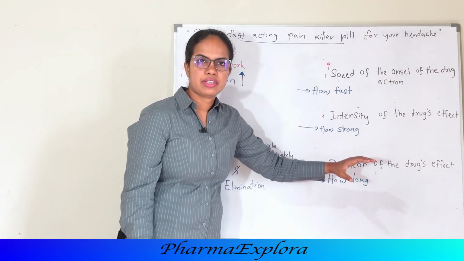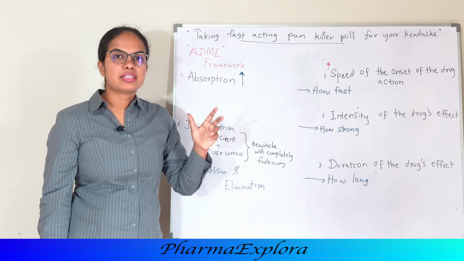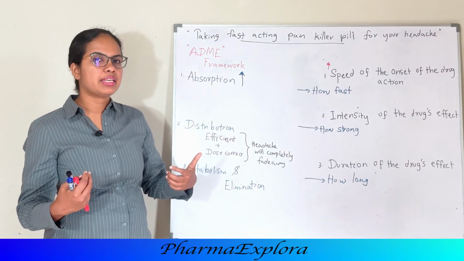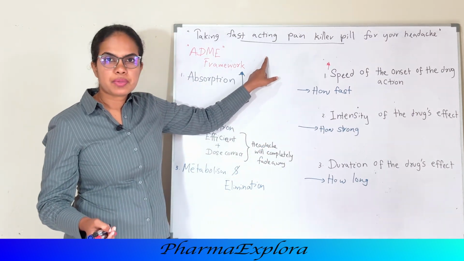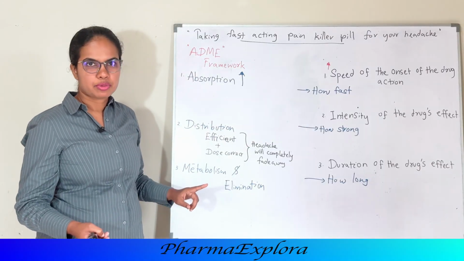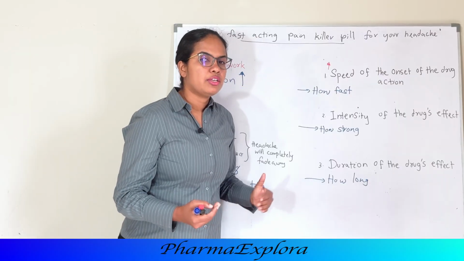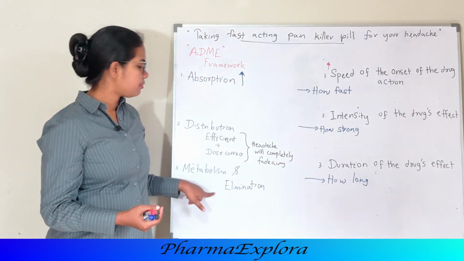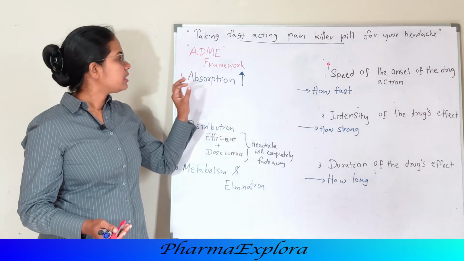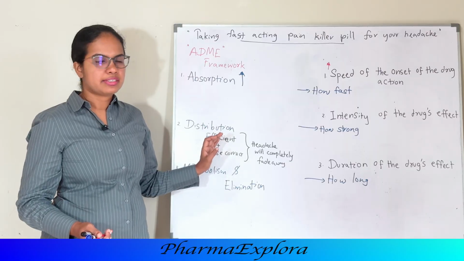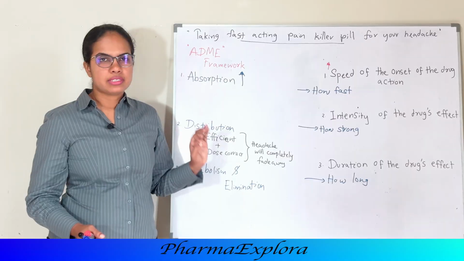The intensity of the drug action, or how strong the drug's effect is, or how much pain will be relieved from this pill, is mainly determined by distribution. And the duration of the drug's effect, or how long your relief lasts, is primarily determined by metabolism and elimination. So this is how these four pharmacokinetic parameters determine these three important outcomes.